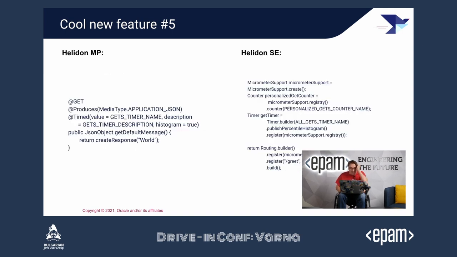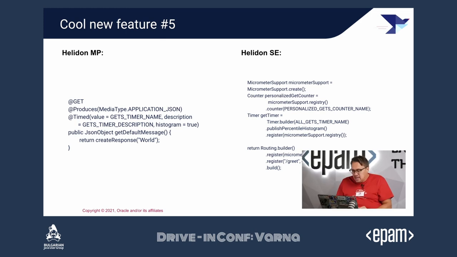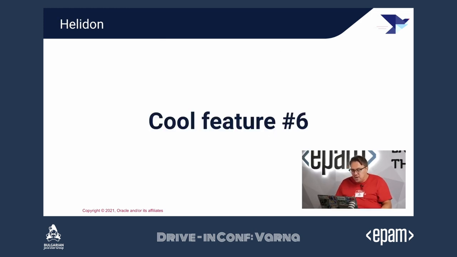And technically it's extremely easy. You just add one dependency and you get just Timed and Counted annotations. Cool thing is that it's available both in MP and SE. That means you can even do the annotated way of doing it, or pure Java as on your right. You just specify what to do, and it is completely easily done. So no demo here, but just play with it. It's really straightforward, and you have this feature.